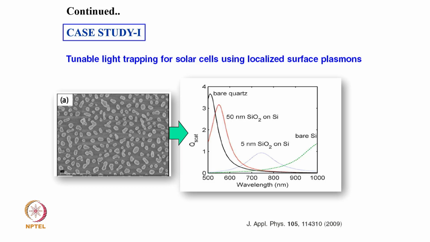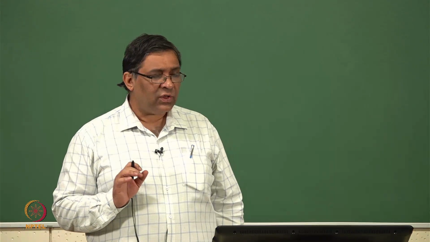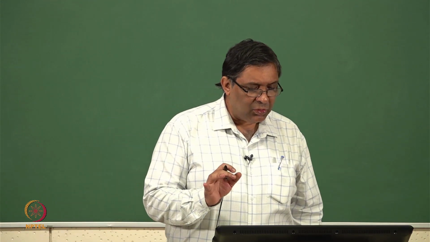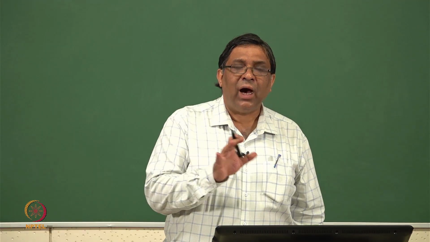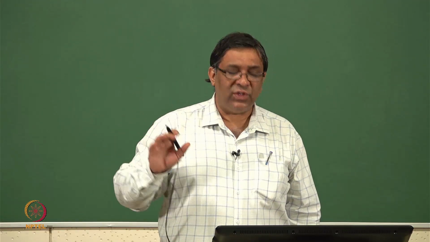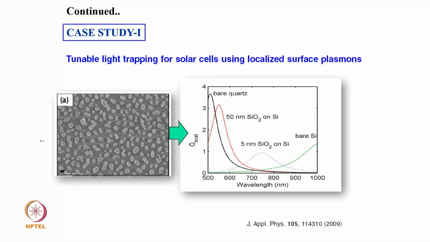So let me look at two case studies, and you will understand how this plasmon frequency changes. You can see silver metal nanoparticles grown on silicon dioxide, which is coated on silicon. One has 50 nanometer silicon dioxide, another has 5 nanometer silicon dioxide.